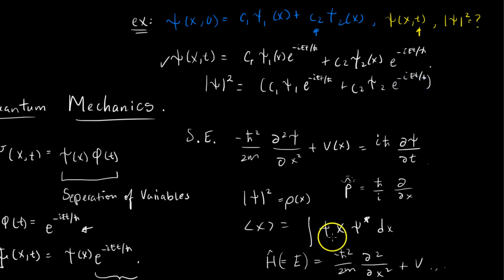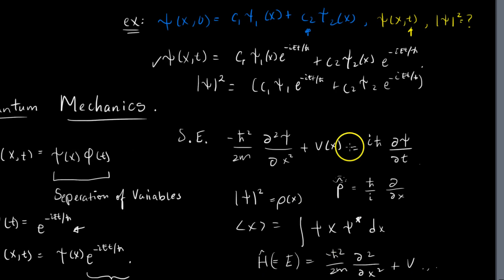And we're multiplying this by the complex conjugate. So c1 psi 1 star e to the iEt over h bar, because for the complex conjugate of an imaginary number, you just take the opposite sign. And then plus c2 psi 2 star e to the iEt over h bar.